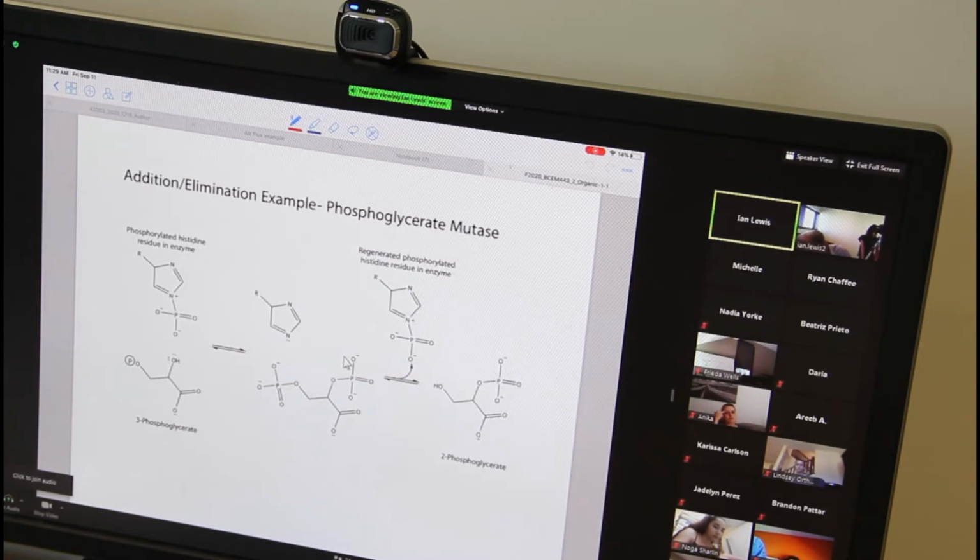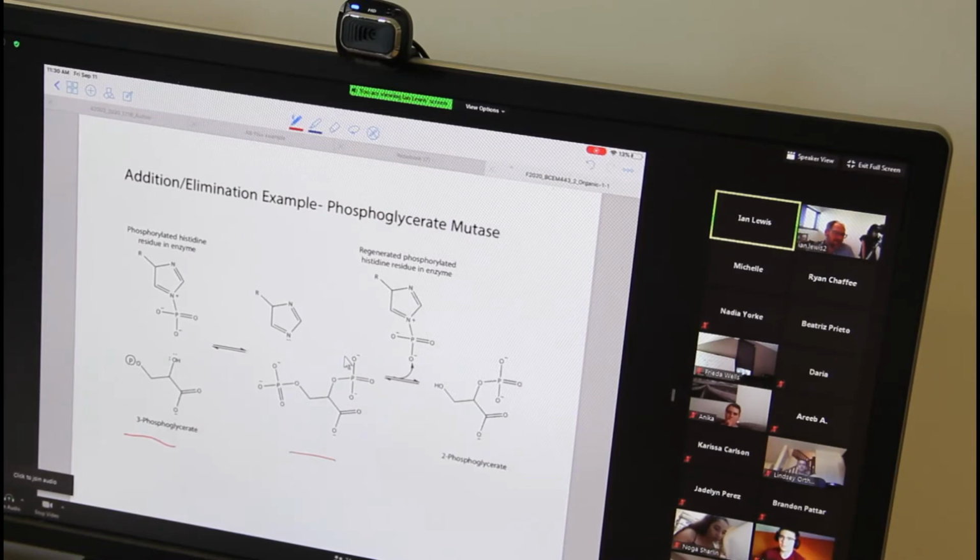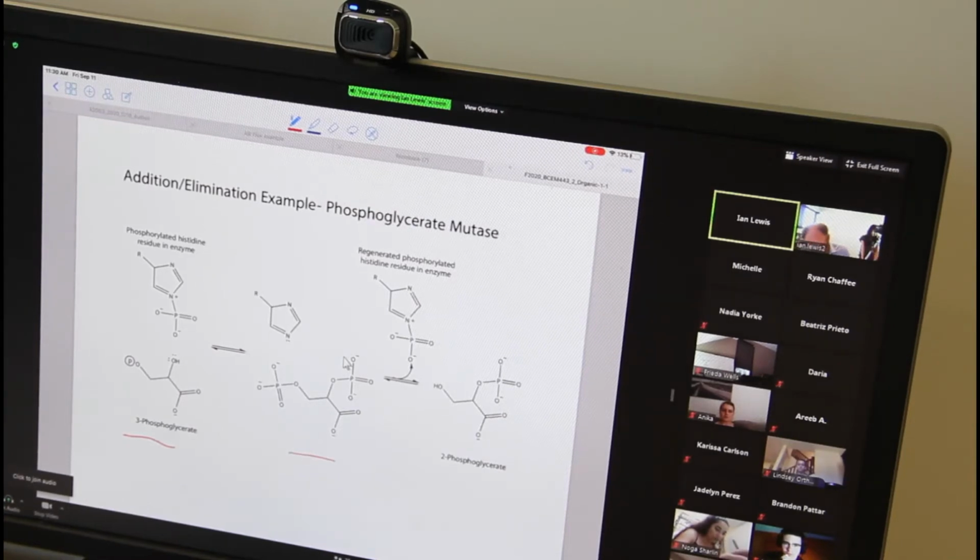So in this particular case, we have this molecule coming over to make this molecule here. This is phosphoglycerate mutase, which is an enzyme that takes a phosphate off and puts a phosphate on in another position. So it's a part of glycolysis, as you probably recall. So what's the nucleophile in this 3-phosphoglycerate molecule?